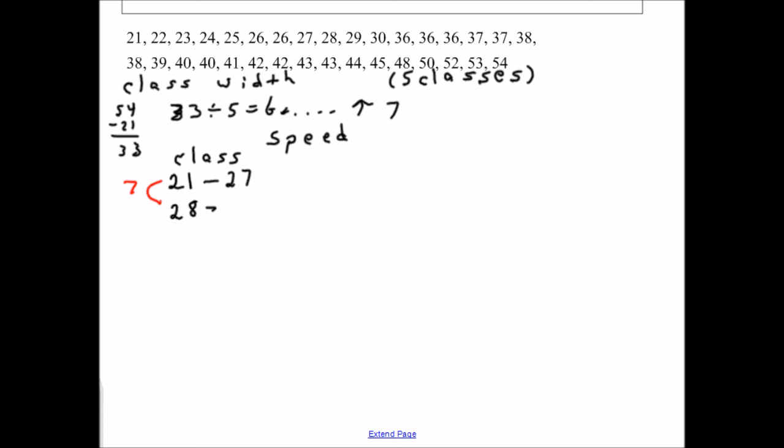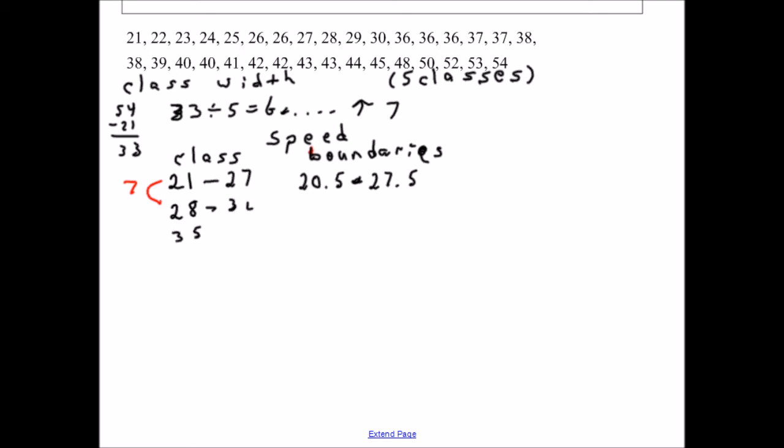My boundaries are just what would round to that class. So in this case, a 20.5 to a 27.5. Those values would round within there. As I keep going with this, next class starts with a 35.